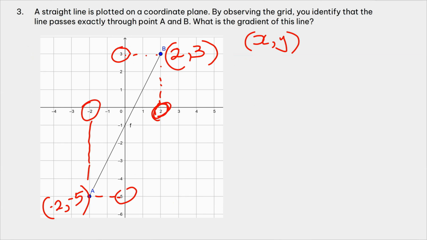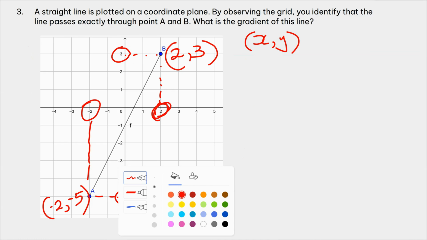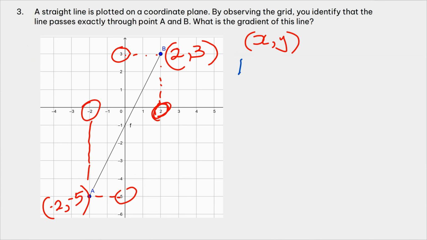Now we have our coordinates. Let's transfer them. For point A, we have negative 2 and negative 5. And for point B, we have 2 and 3.